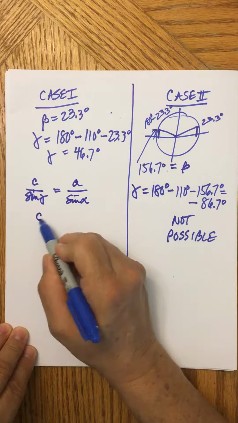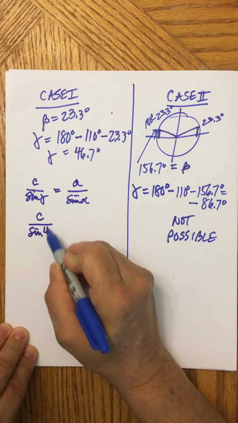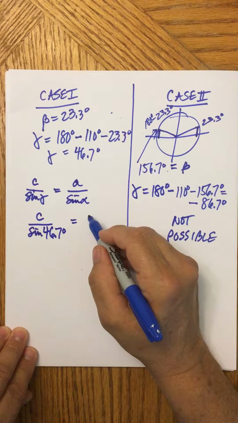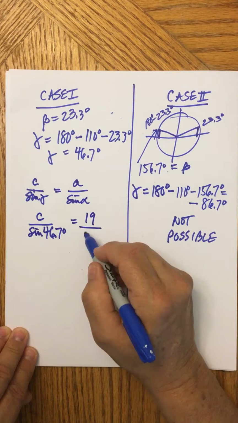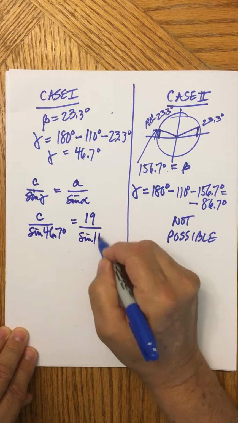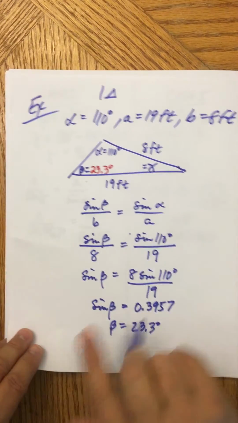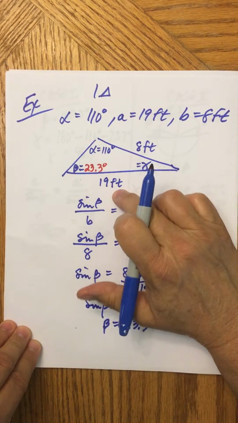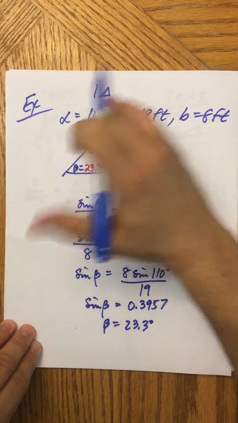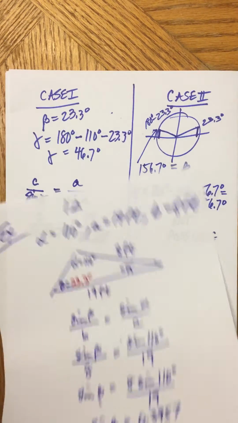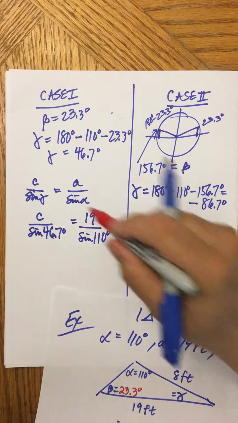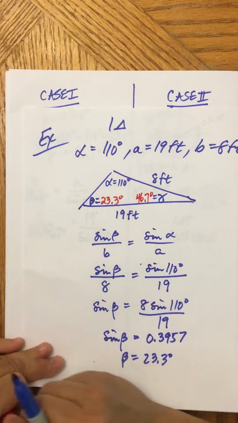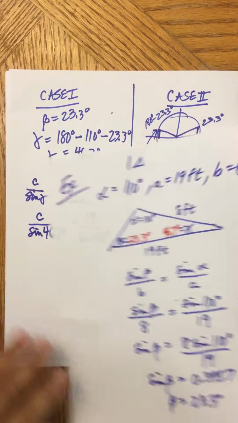So we have C is to sine of 46.7 degrees as A, which is 19 feet, is to sine 110 degrees. So here we have alpha is to A, as gamma, which in this case is 46.7 degrees, is to C. That's what I'm setting up.